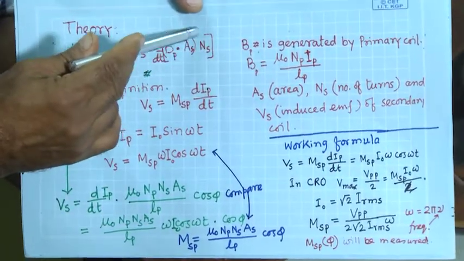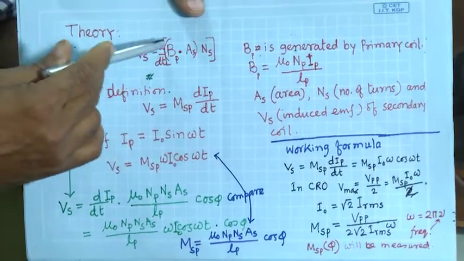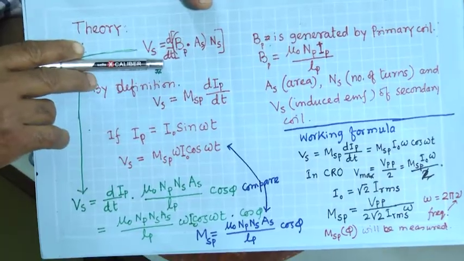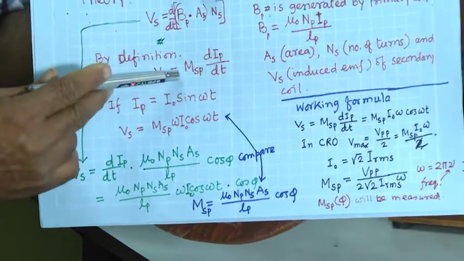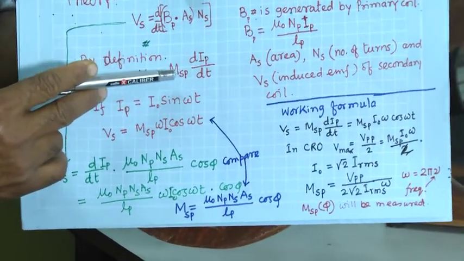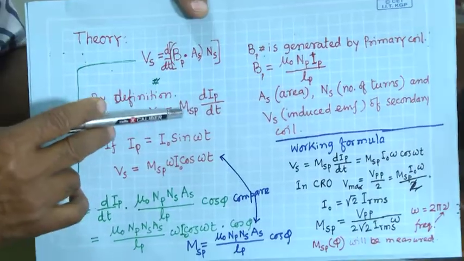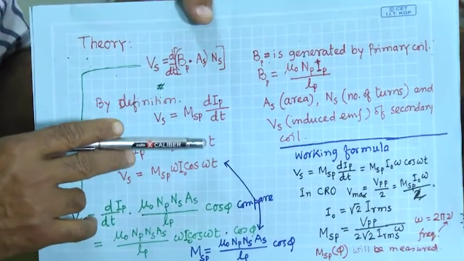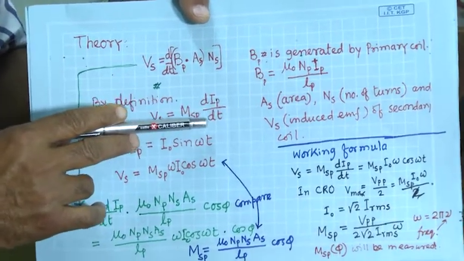Now, the rate of change of this total flux linked with the secondary coil will give you voltage, so d by dt. By definition, Vs equals MSP, the mutual inductance between the secondary and primary coil, times dIp by dt.